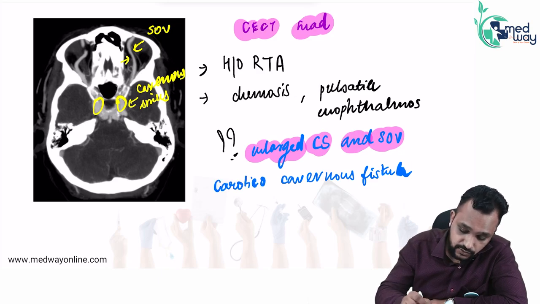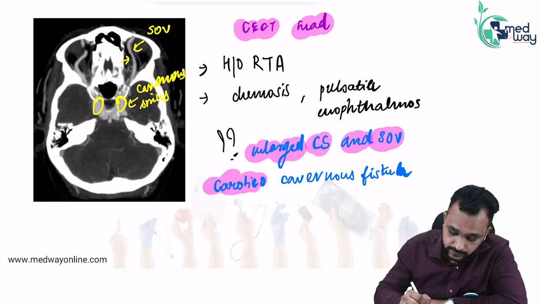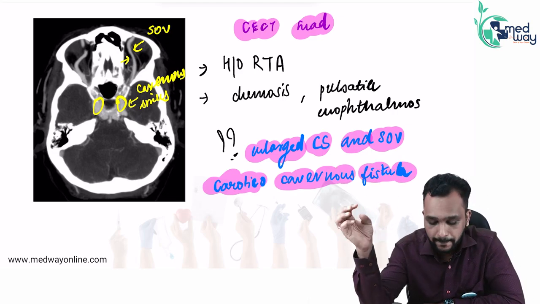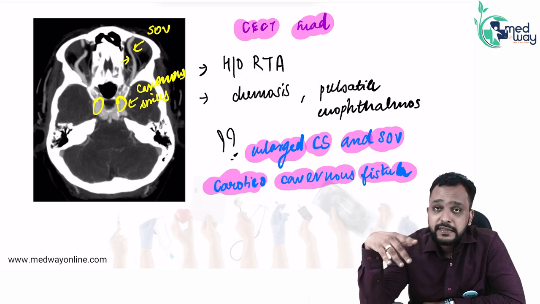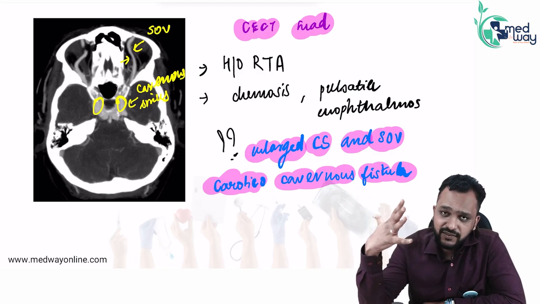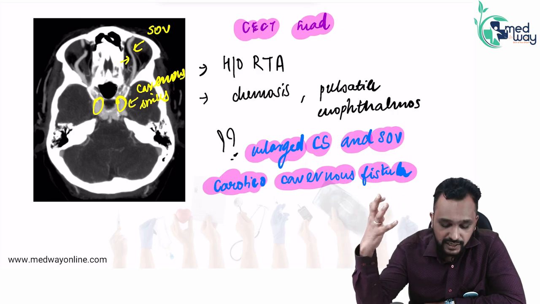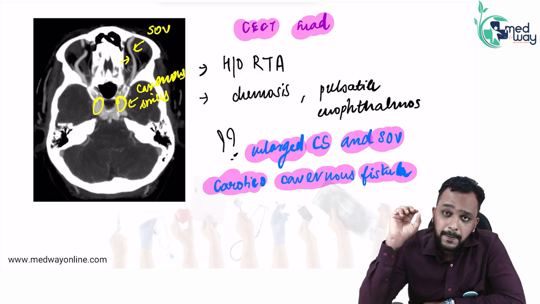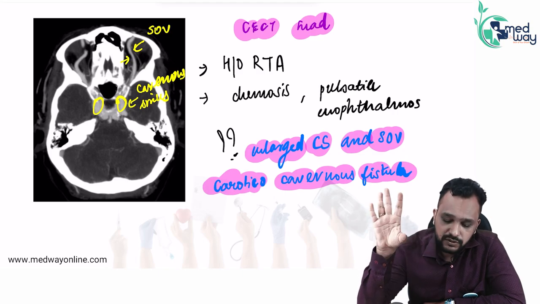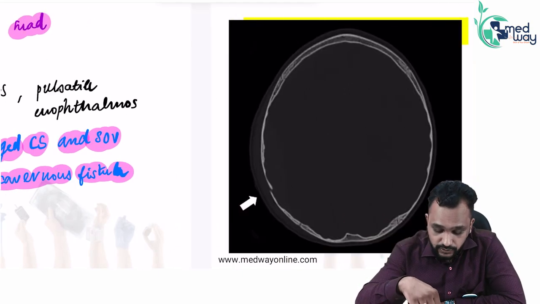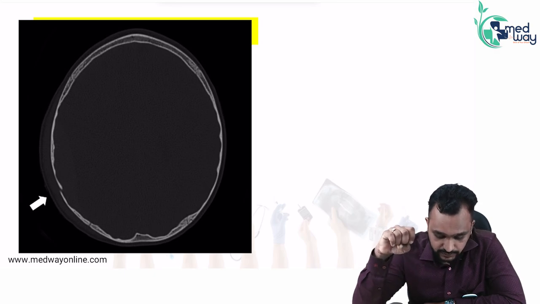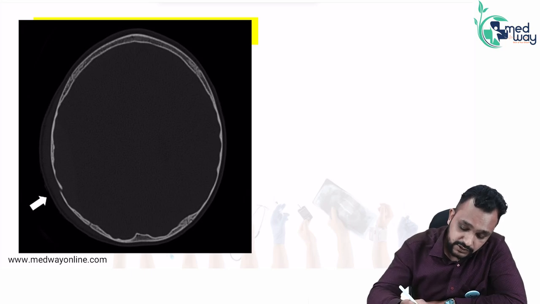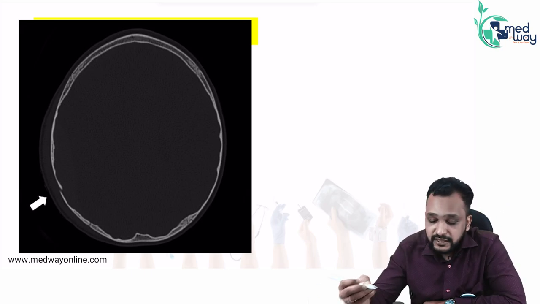So basically a fistula is forming between the internal carotid artery and cavernous sinus after trauma, and because of this there is arterial flow in the cavernous sinus as well as superior ophthalmic vein, because of which there is pulsatile exophthalmos in patients with carotid-cavernous fistula, right?